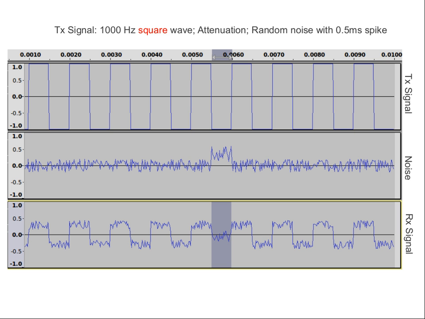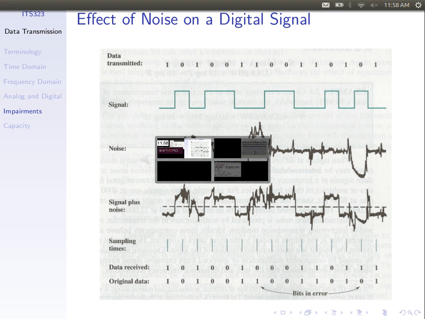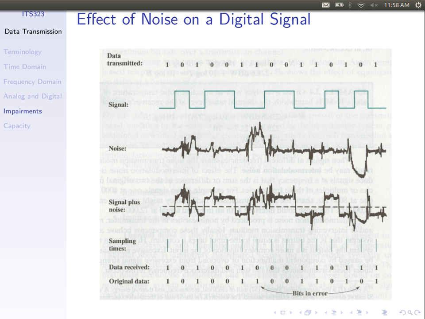Why should this be 0? It doesn't match the previous scenario. Here, we're saying bit 1 is a negative or low value, bit 0 is a high value.